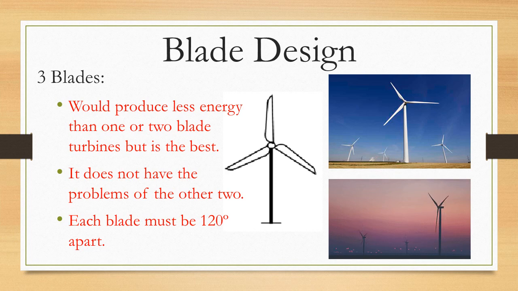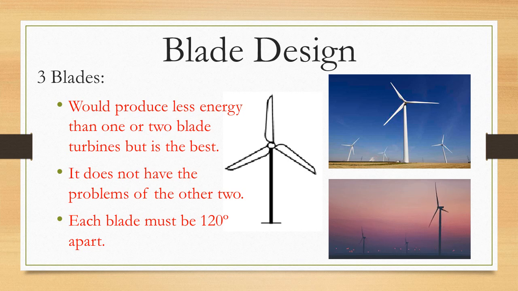Now, as you can probably guess, 3 blades would produce less energy than 1 or 2-blade turbines, but guess what? It's the best. It's the best because it doesn't have the problems of the other two. Namely, it's not unbalanced. So here we are preserving the structural integrity of the whole turbine and at the same time creating a good amount of energy.